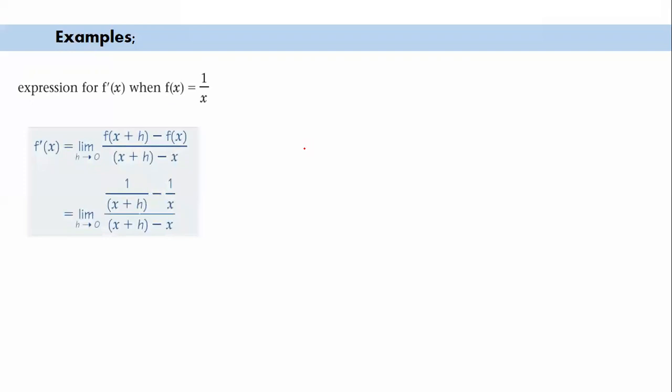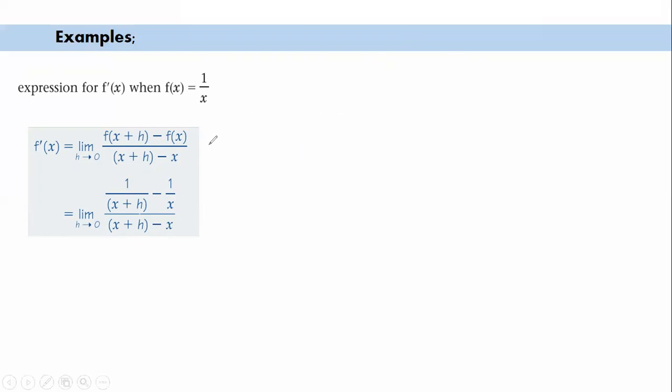We'll look at another example. Let's try to obtain f'(x) when f(x) is 1 over x. Again, we have to use the general formula, which is the limit as h goes to 0 of f(x plus h) minus f(x) over (x plus h) minus x.